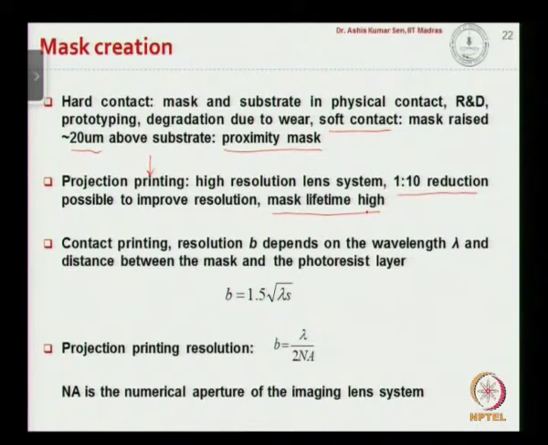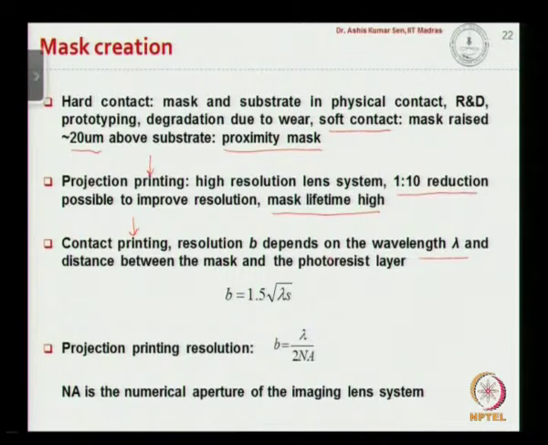So let us look at the resolution of the contact printing. In contact printing, where either we talk about hard contact or soft contact, the resolution B would depend on the wavelength lambda and the distance between the mask and the photoresist layer.